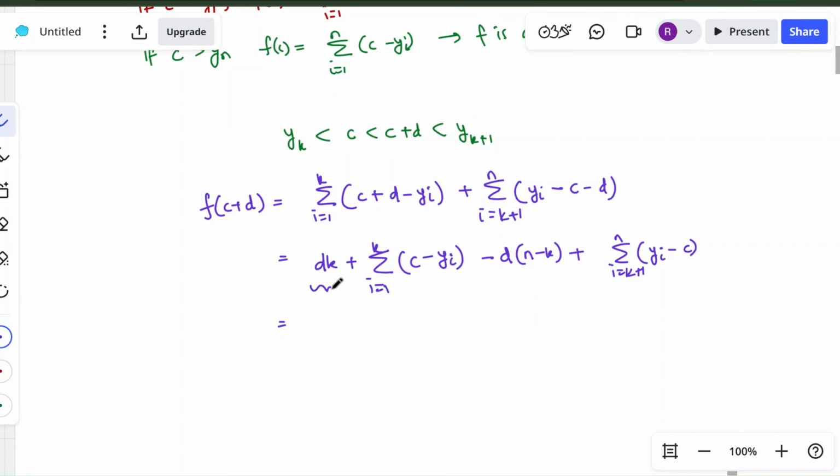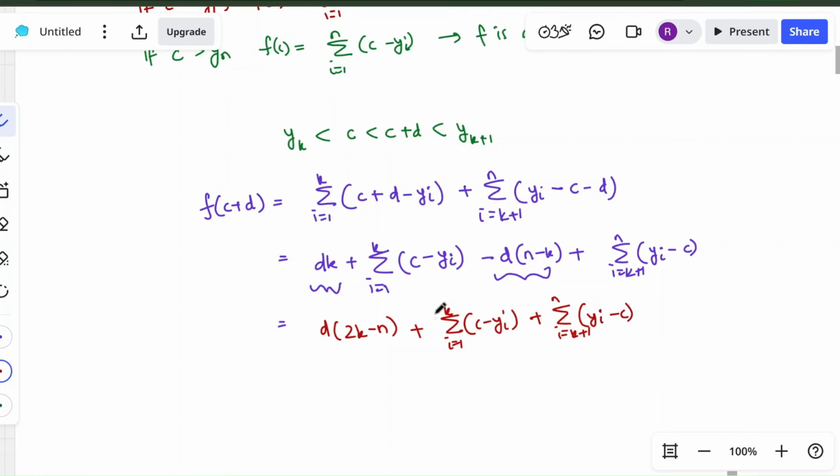What just happened? If I now club this element and this element, I'll get d times k minus n plus k, which is 2k minus n. Plus, notice carefully, the summation of i from 1 to k of c minus yi, and i from k plus 1 to n of yi minus c.